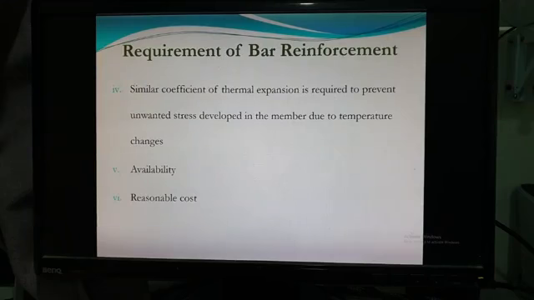So the rate of expansion between the bar reinforcement and the concrete must be somewhat similar. And then availability: the bar reinforcement must be available in abundance in the market and at a reasonable cost. I don't know how reasonable it can be, because acquiring bar reinforcement can be quite expensive.